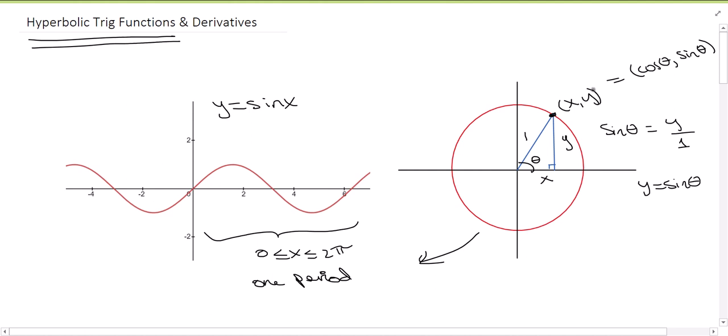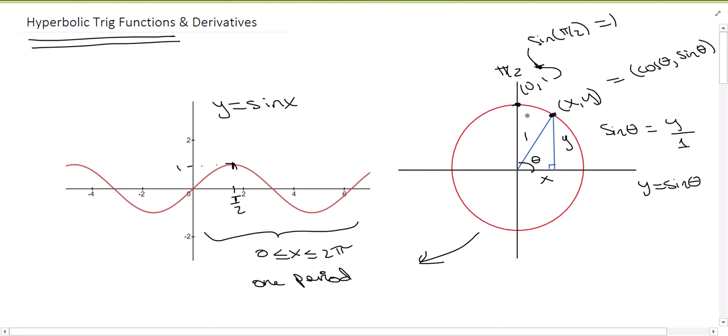We're taking the y values from here all around the circle. So when theta is 0, sine is 0. Then when you get to pi over 2 over here, this point is (0, 1). So sine is 1. So sine of pi over 2 is 1, and so over here at pi over 2, it's 1, and so on.